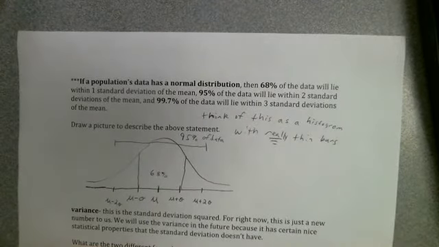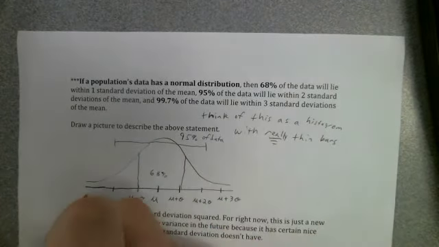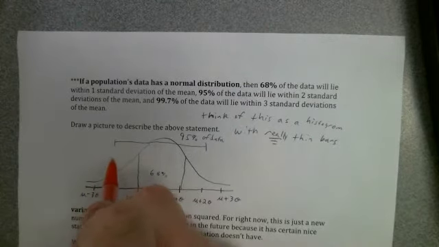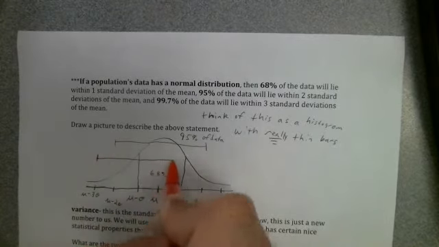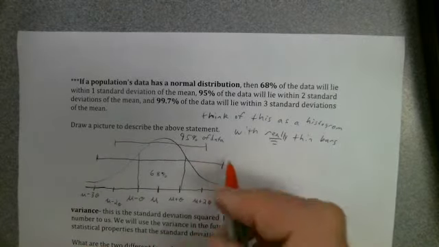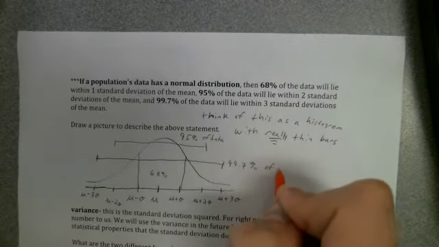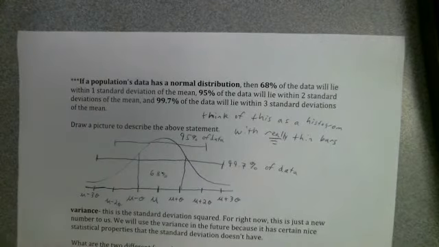Now if you went out 3 standard deviations, mu plus 3 sigma, mu minus 3 sigma, you would find that almost all the data would be between those two values. So if you went between here all the way out to here, you would have 99.7% of the data. So that's a cool property of the standard deviation if you're working with normal data.